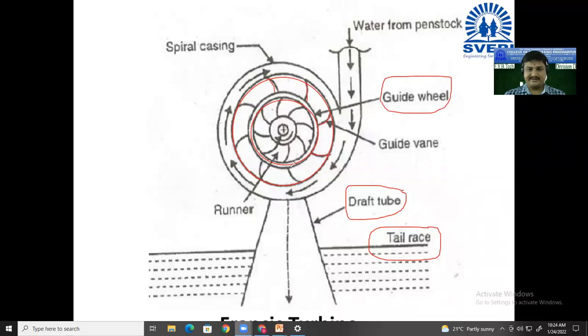Here you can see the vanes, and these vanes are named guide vanes, and guide vanes are fixed. These are not going to rotate.